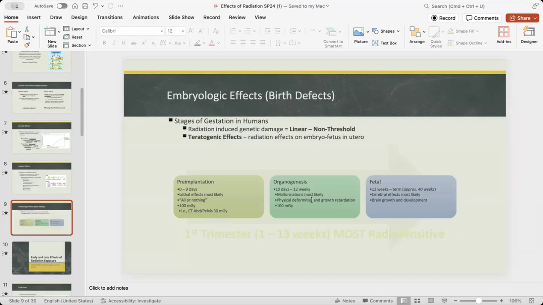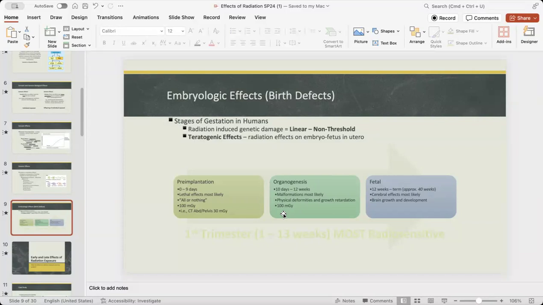So basically, it kind of breaks it down for us. So 0 to 9 days, if you have exposure during this time, you can have lethal effects, and that can happen at exposure up to 100 milligray. Organogenesis, if you're exposed between 10 days and 12 weeks, malformations may occur, most likely will occur, and then physical deformities and growth retardation can occur.